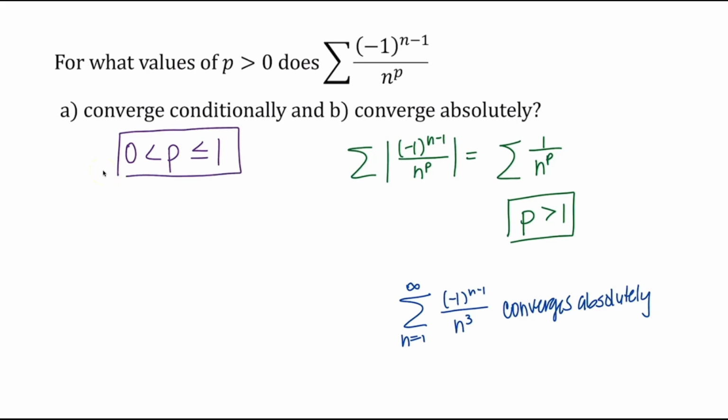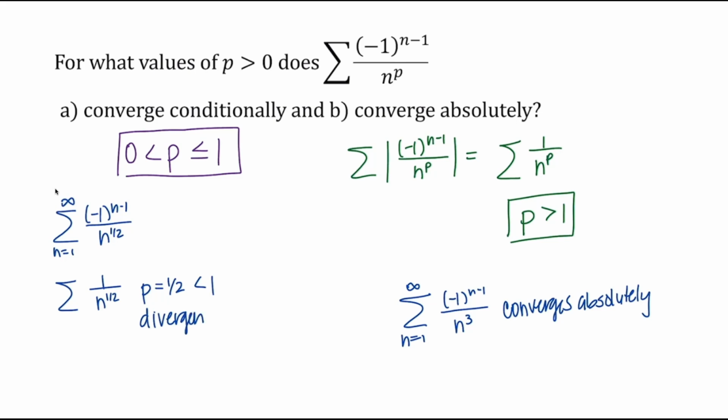And so let's take a moment to think about the previous example that we did that can help us understand why this is true. We looked at the sum of negative 1 to the n minus 1 over n to the 1/2. And when we considered the absolute value, when we considered 1 over just n to the 1/2, since p was equal to 1/2, which is less than 1, this was a divergent p-series.